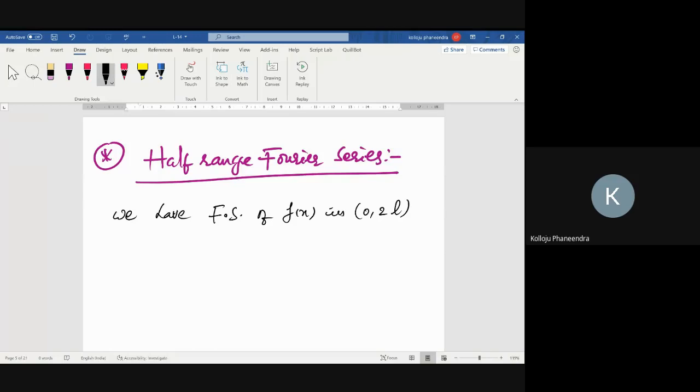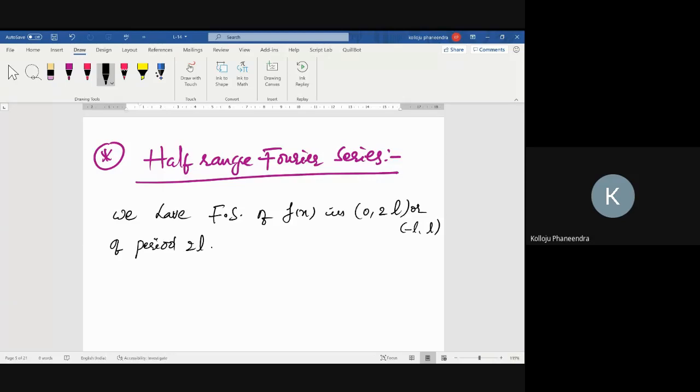If L equals pi, it is our first case, 0 to 2 pi. Generalization is always 0 to 2L. We have the Fourier series of f of x in 0 to 2L of period 2L, or one can write minus L to L.